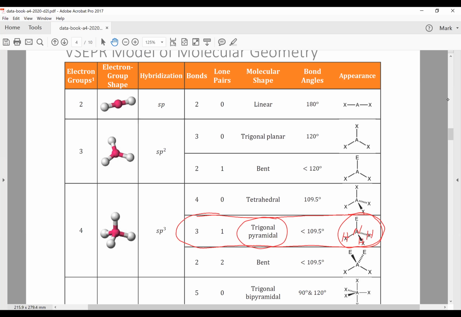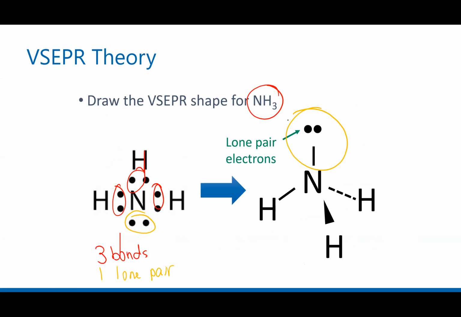Now, it's really important when you do your shape, I'll go back to my PowerPoint, you do have to include your lone pairs. So again, the data booklet says that we would draw it like this. A being the central atom, X being your extra atoms. You can think of that like X being extra. And then up top, we have E. Always include your lone pairs.